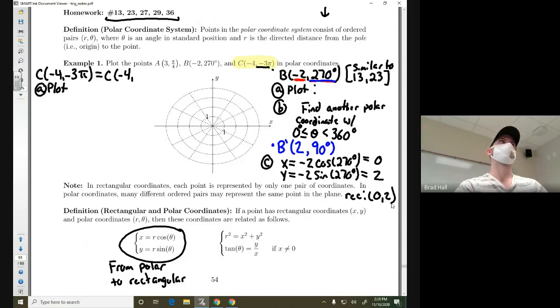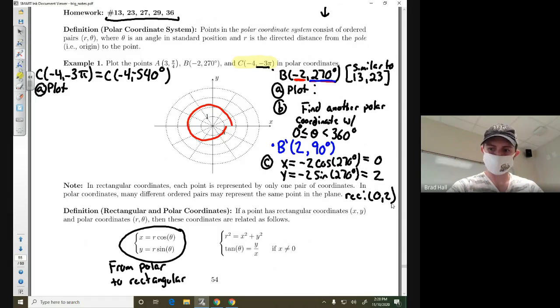Oops. Negative 540 is very large, which means it would already force us to go around one whole time.